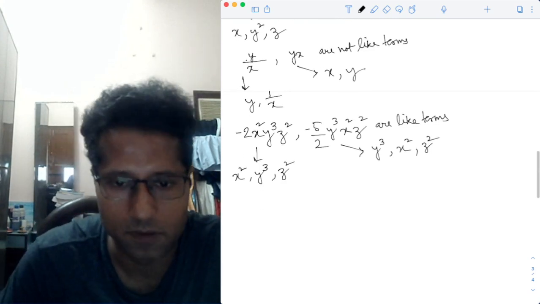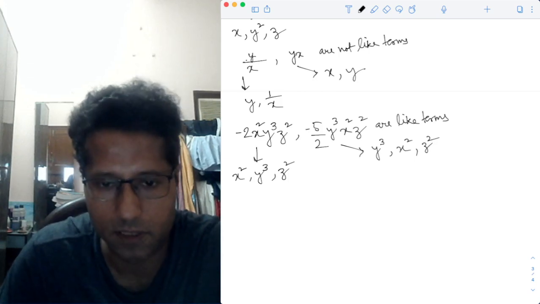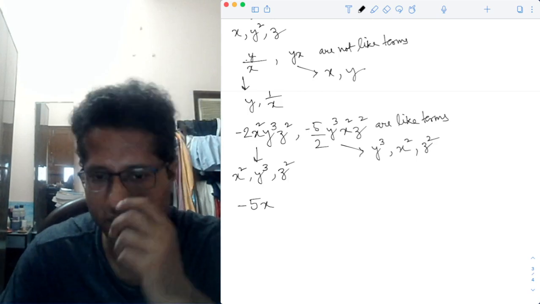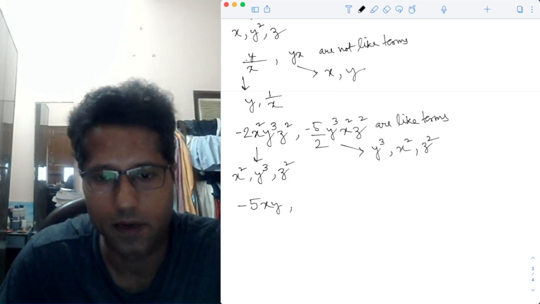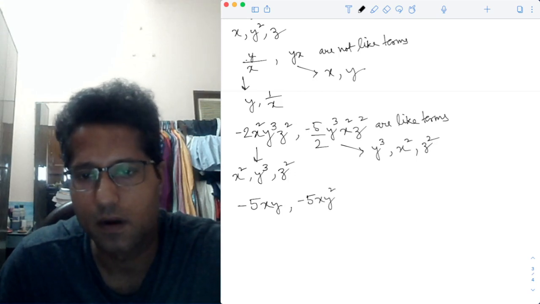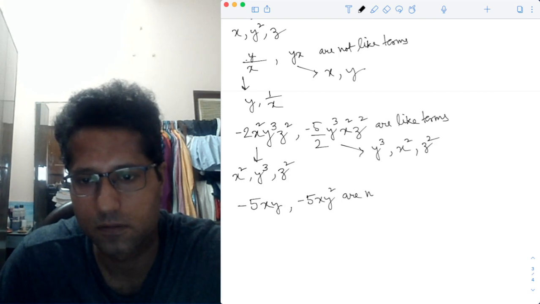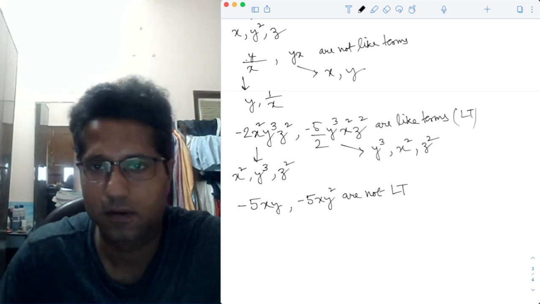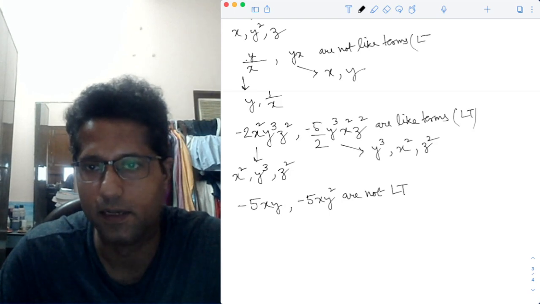A few more examples, because this is very important to understand. Minus 5 x y and minus 5 x y square are not like terms, writing LT for like terms.